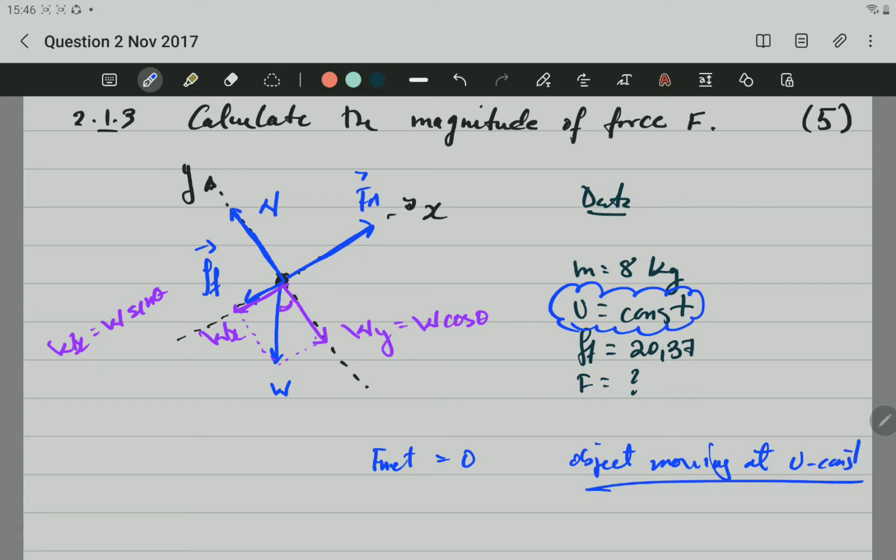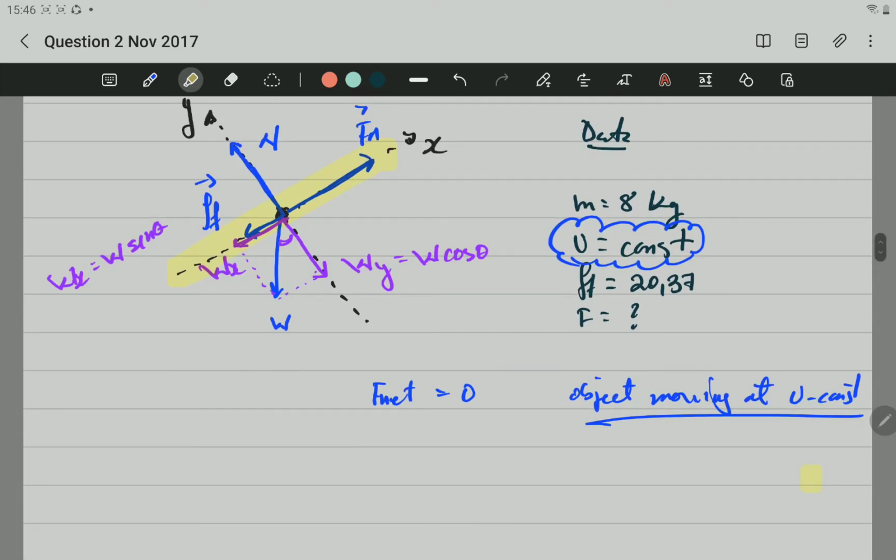Now we're going to see what forces are acting on the object, and we're working in the x-axis because the object is moving in the x-axis. We have the applied force, which is positive, taking the direction in which the object moves as positive, minus the frictional force, minus the component of the weight in the x-axis, and all that is equal to 0. Now let's calculate the component of the weight in the x-axis.